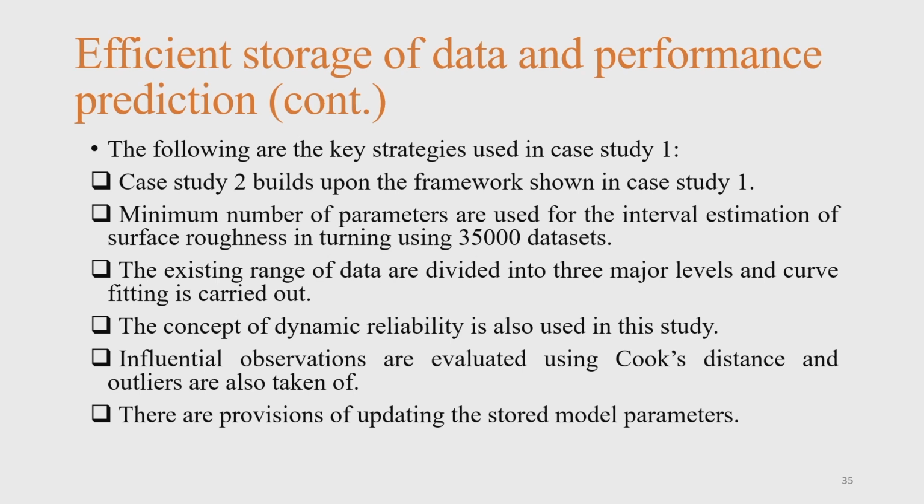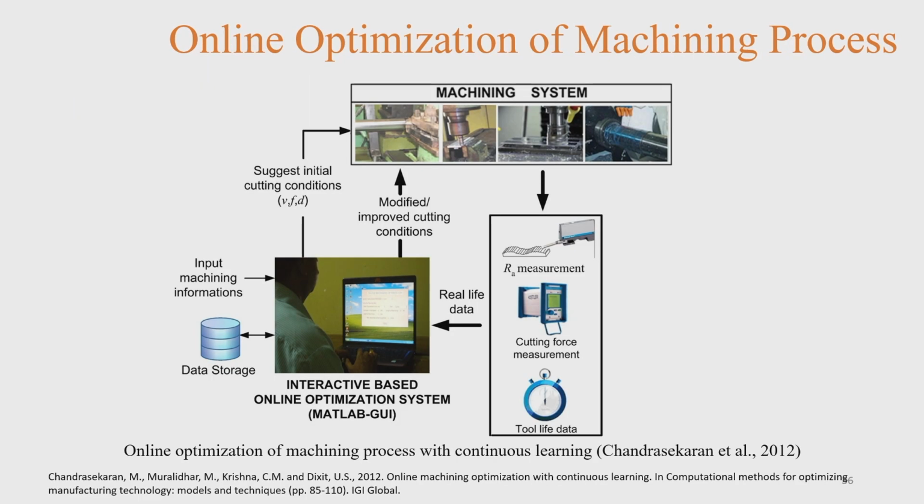These types of things we have explained, and sometimes influential observations are evaluated using Cook's distance, and outliers are also taken care of. Cook's distance is one parameter which tells whether the data will have influence or not.